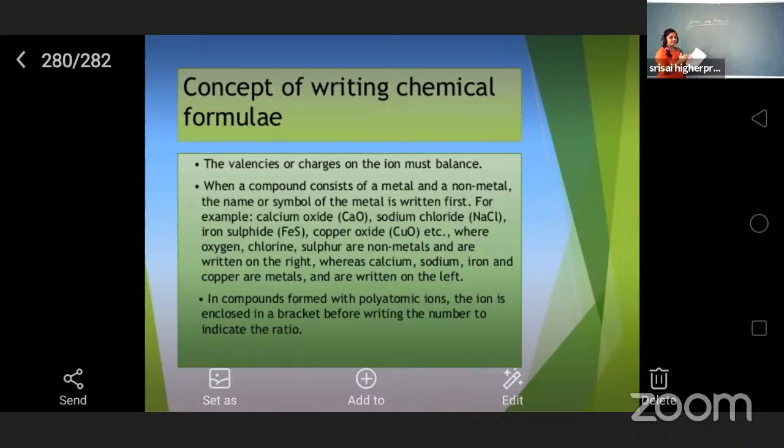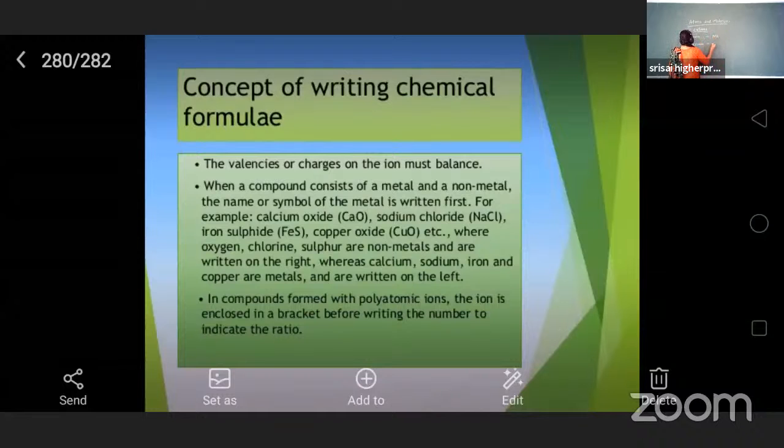Sodium, potassium, silver, copper. What are these, students? Sodium, potassium, silver are cations.